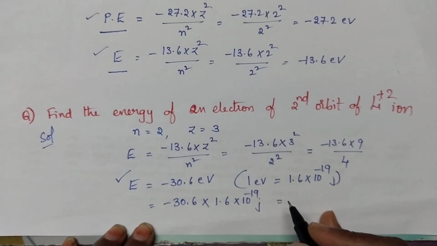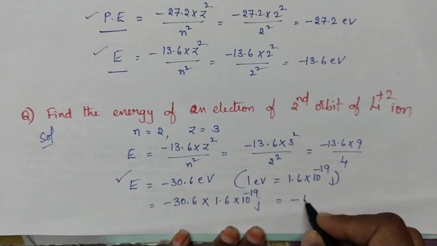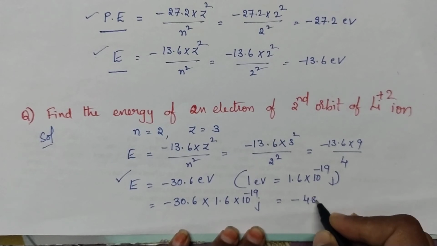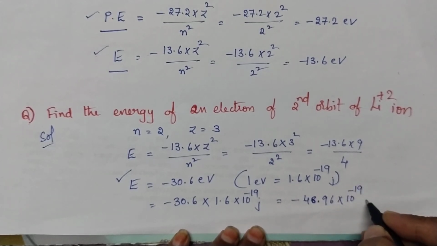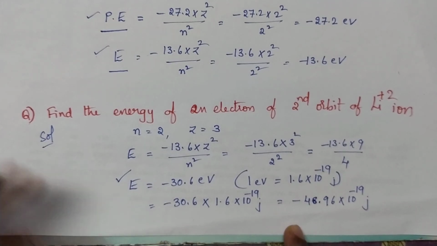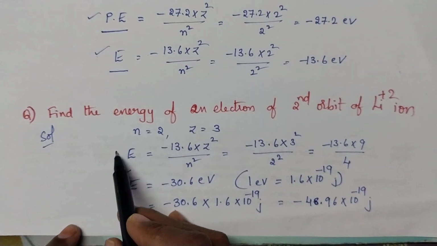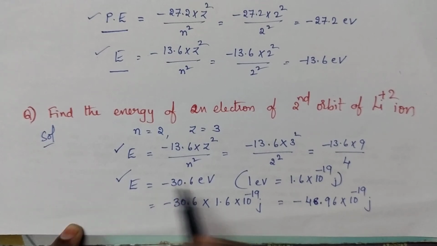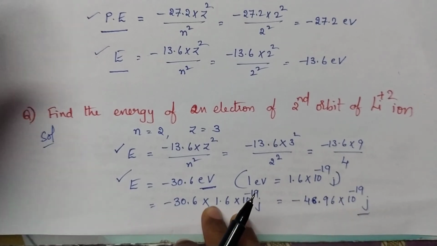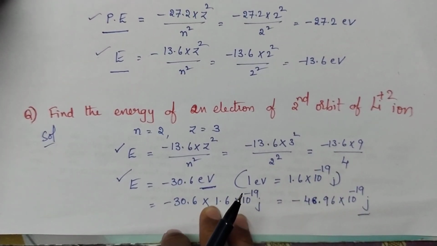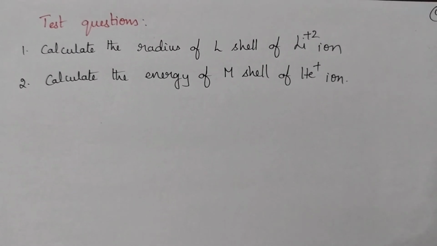So finally it is equal to minus 48.96 into 10 power minus 19 joules. So we can calculate the total energy of an electron either in terms of electron volts or in terms of joules. Is it clear, students, how to calculate the radius and energy of any electron present in the Bohr's orbit?